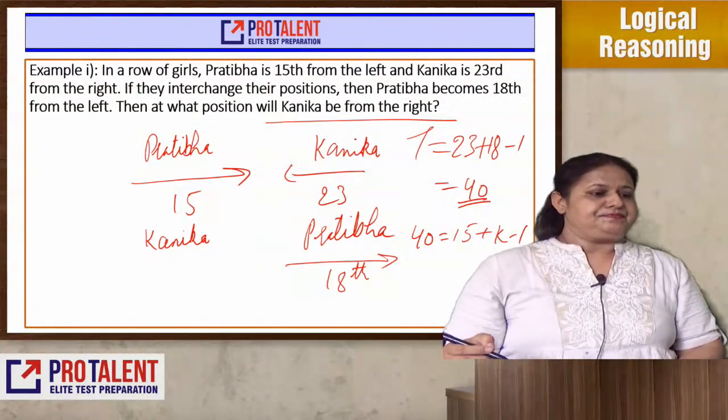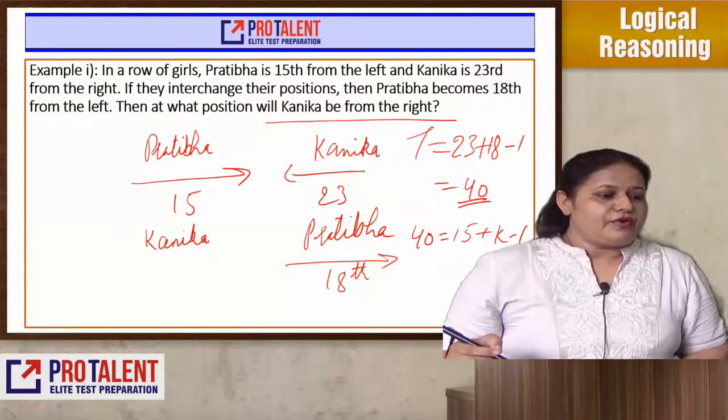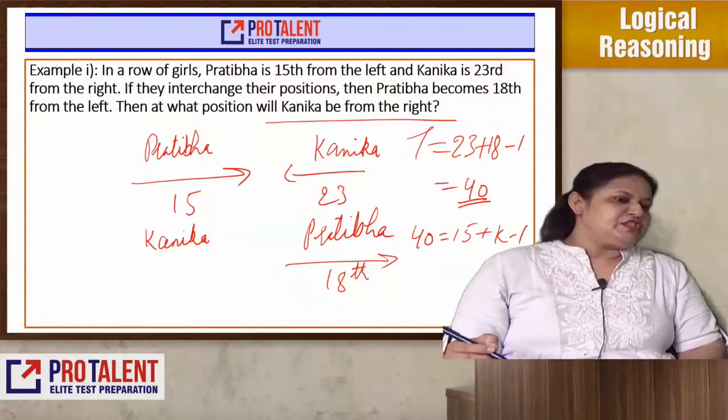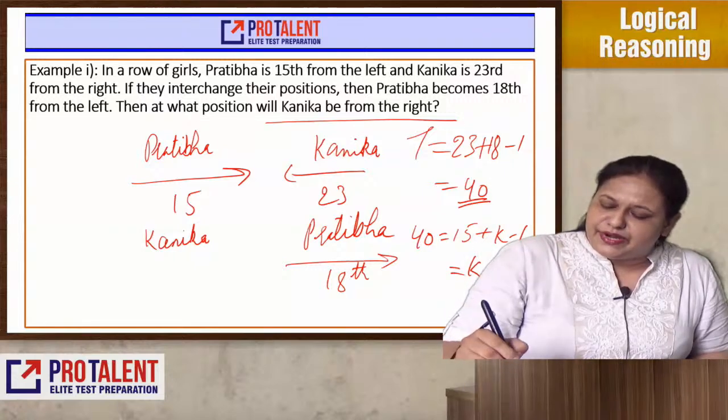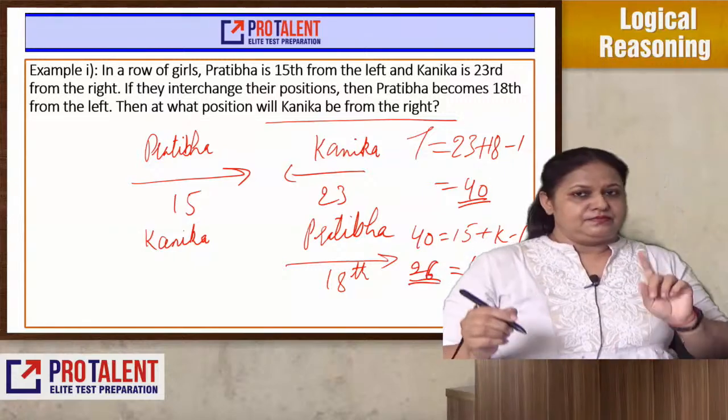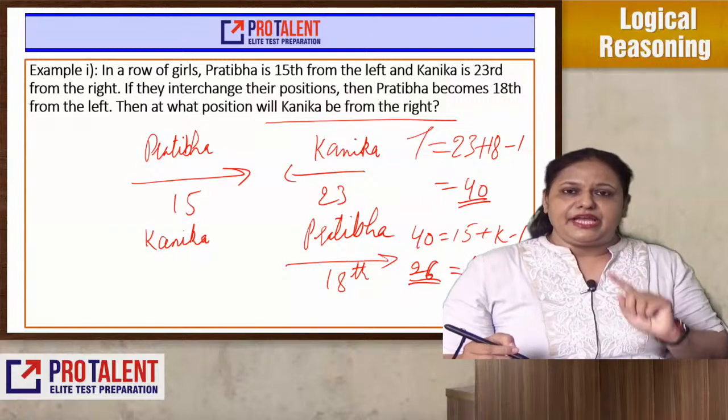Can I do this? So what is the answer I am getting? 26. Fine. So the position of Kanika is 26 as per this equation. So this all goes by the equation.